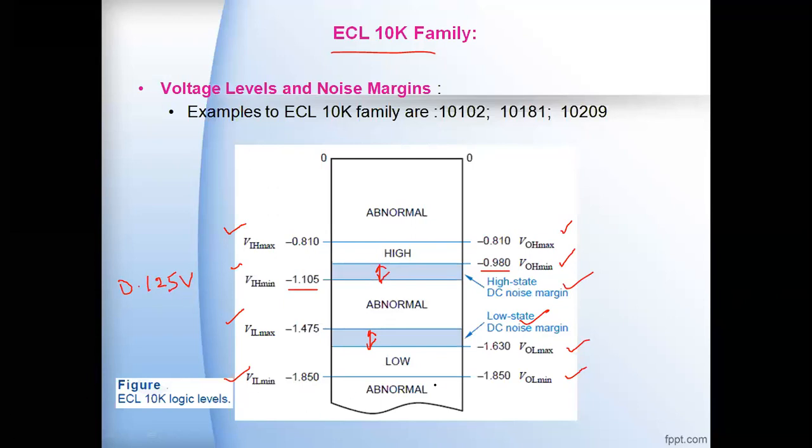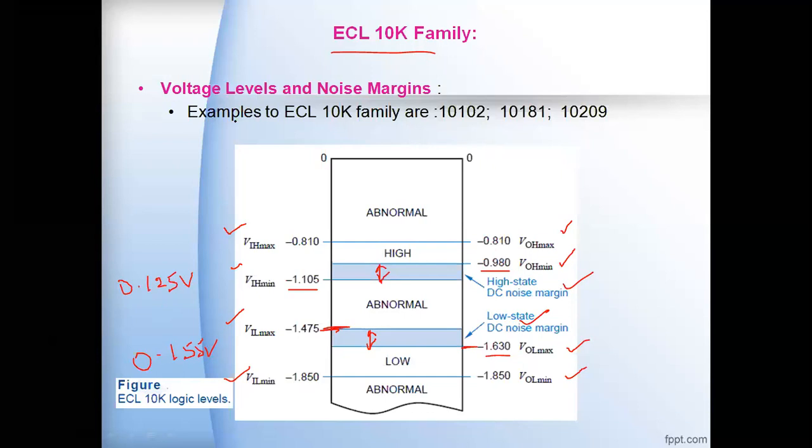And for the low state DC noise margin, it is the difference between minus 1.47 and minus 1.603. So this gives us 0.155 volts, that is 155 millivolts. So these are very low noise margin levels, which means they are highly susceptible to noise. So here you can understand the voltage levels and noise margin levels of the ECL 10K family.